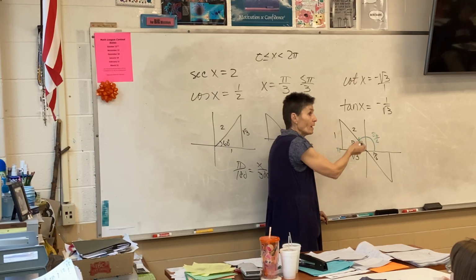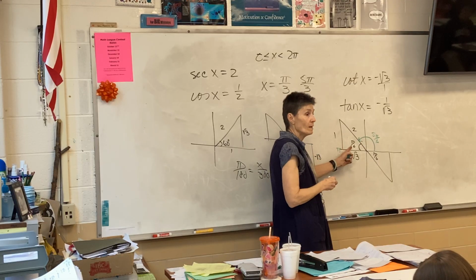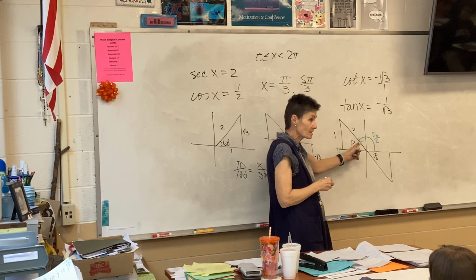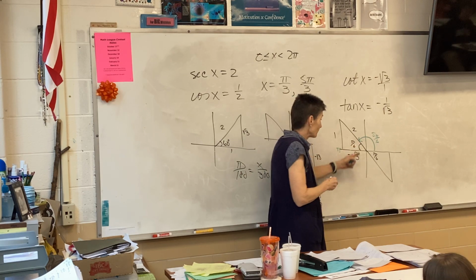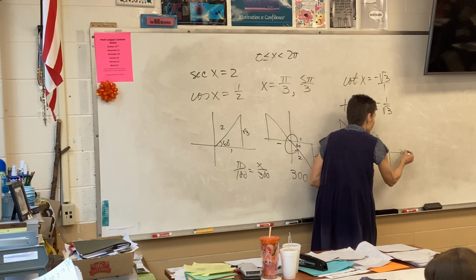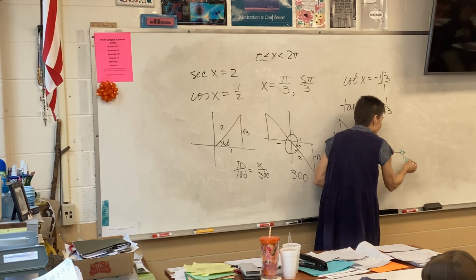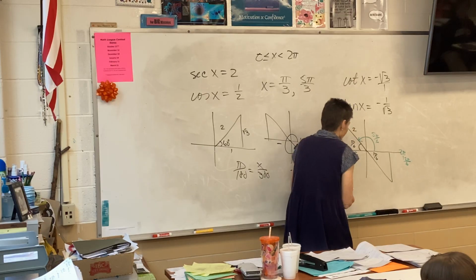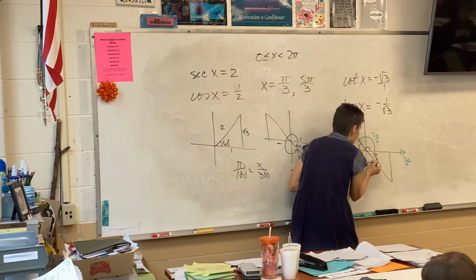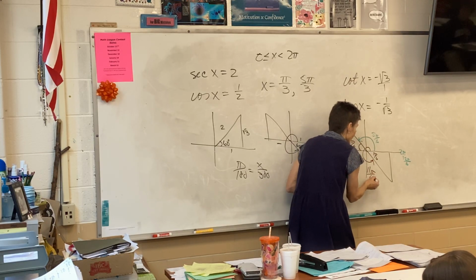That's one whole. If that's 1/6, the rest of it has to be 5/6. That's 2 pi, or 12/6. So this angle has to be 11 pi over 6. Yes.